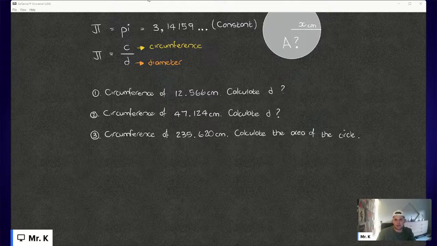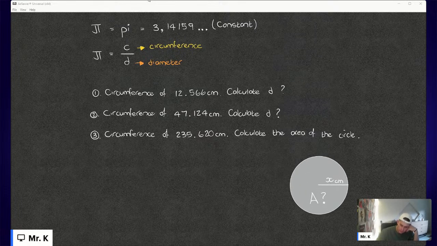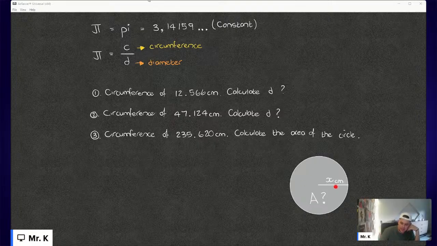See if you can find the correct values, grade 9s. In the case of question 3, I want you to think about this circle over here. You can use this as a diagram to help you answer question 3. You've got 1 minute left. Then I'm going to go through this with you guys.